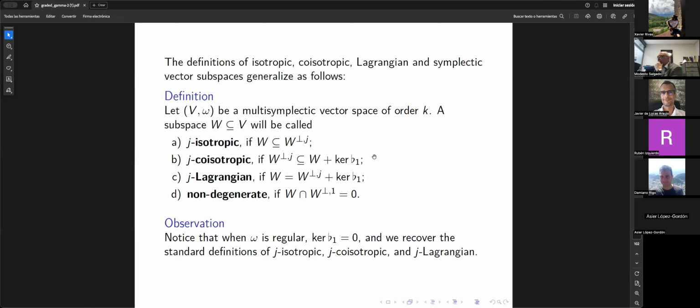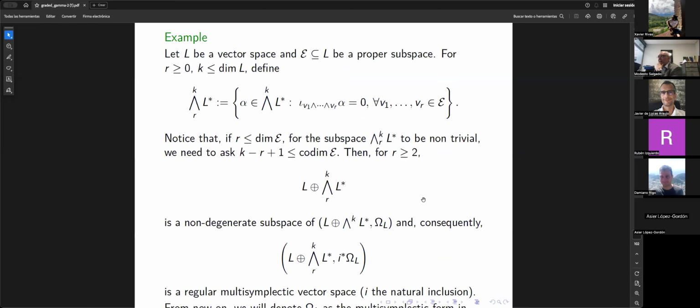And observe that here we have to add the kernel of this b_1. If you consider a multisymplectic form such that b_1 is injective, this is 0, and we have the same notion as in a previous paper with Mantrin and Igor.